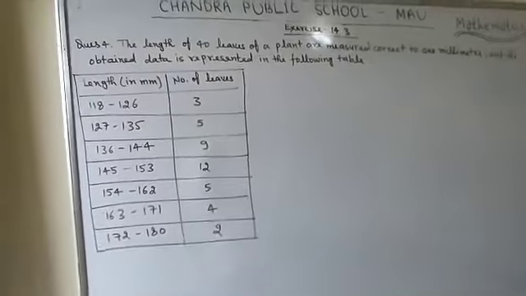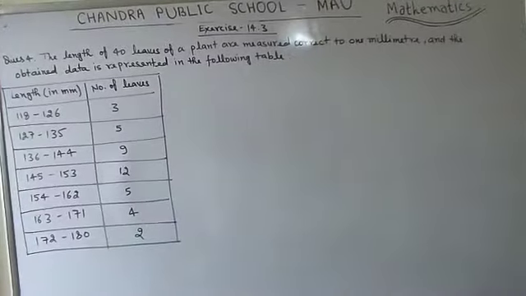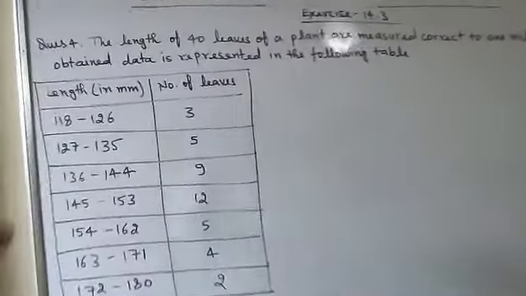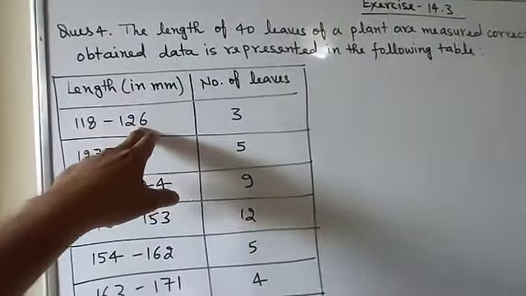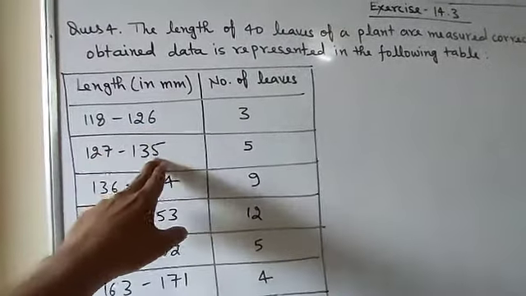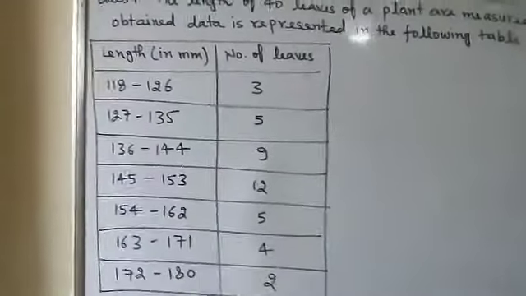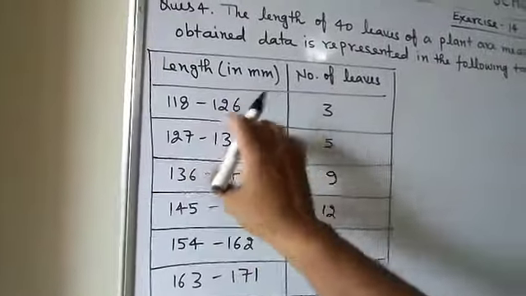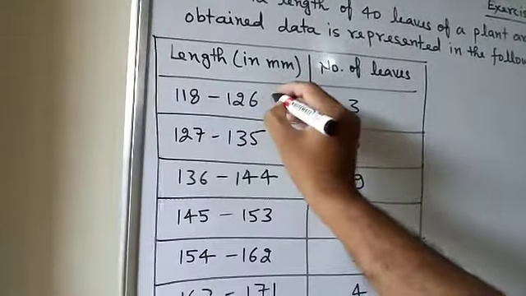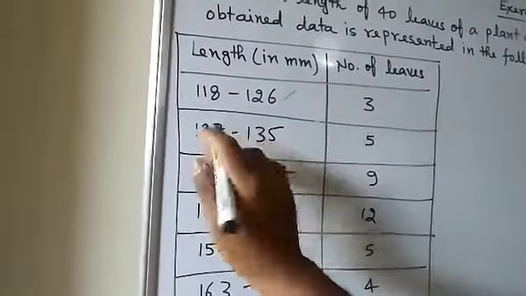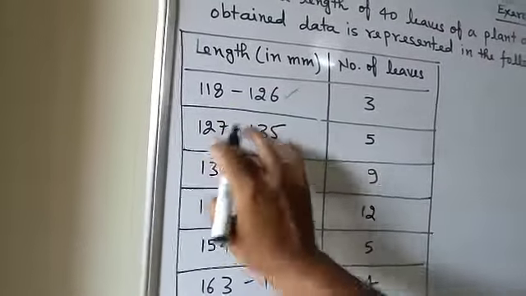So students, if the class size is the same, then second you need to check whether the given table is continuous or discontinuous. Here 118 to 126, then 127 to 135. Here you will find that it is discontinuous. Why is it discontinuous? Here the upper limit is 126 and here the lower limit is 127.